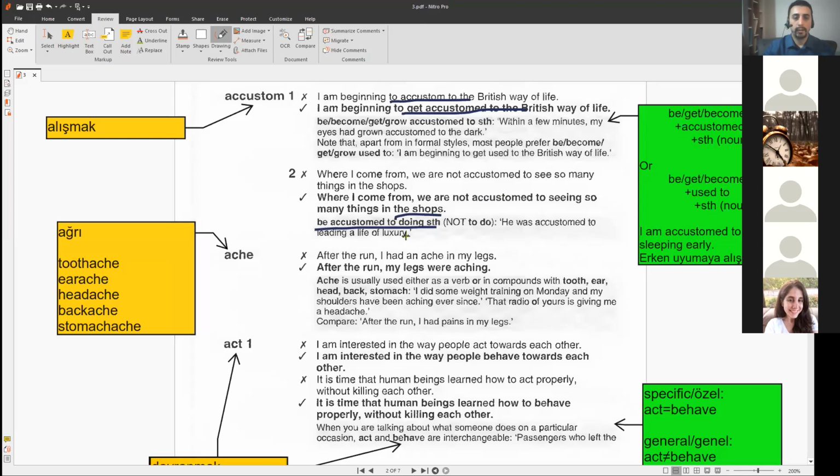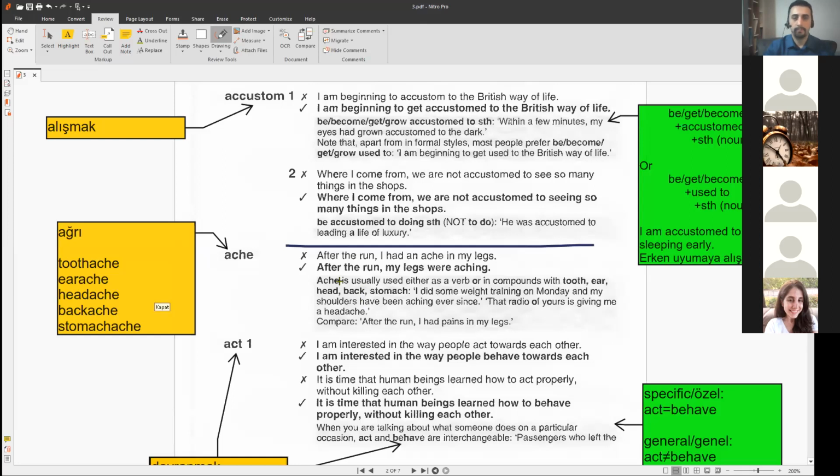And doing something is a noun phrase, noun. So we have to always use nouns here. All right. So we have only 1 minute of the class, and I don't want to continue more about this part. It's enough for this session. So if you have any questions or problems, you can ask me right now.